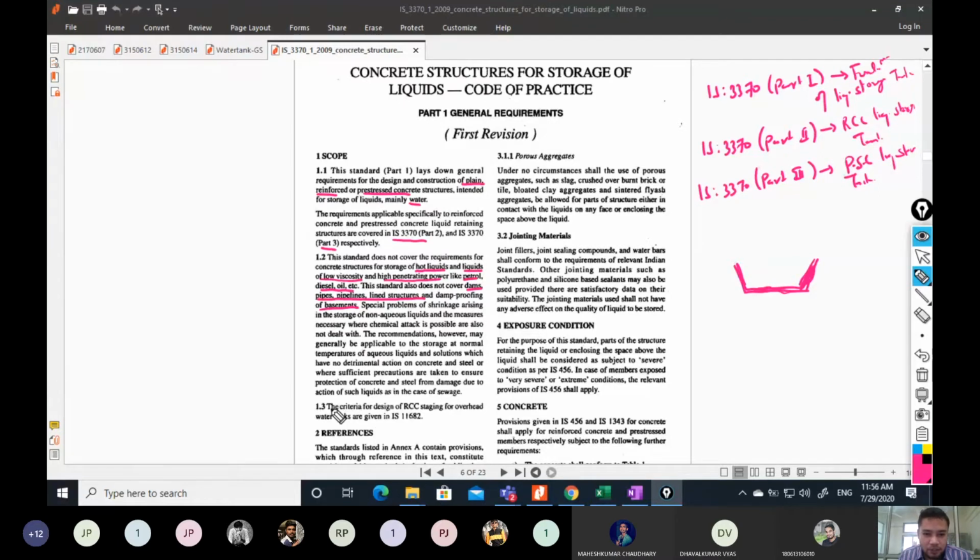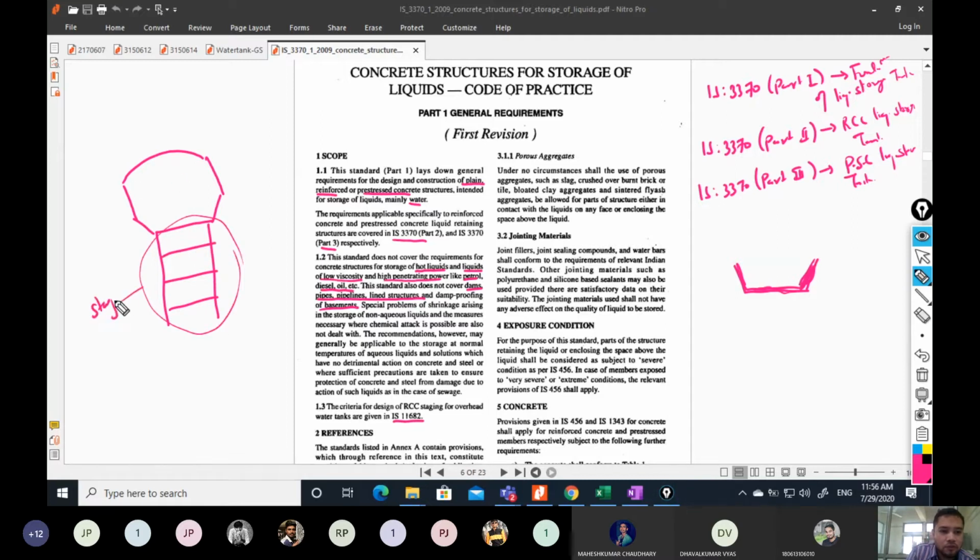Then this clause: the criteria for the design of RCC staging for overhead tanks are given in IS 11682. So if you are designing any elevated storage tank like an ESR, for the design of the staging, the part which supports the container, you have to refer to this code IS 11682.